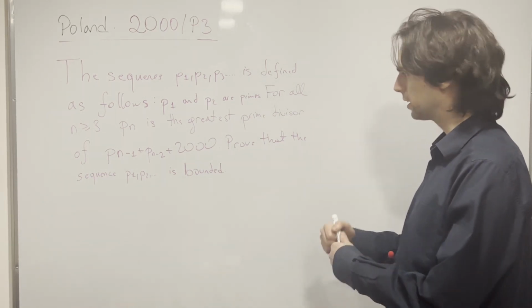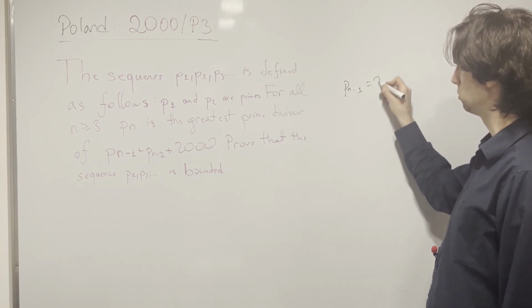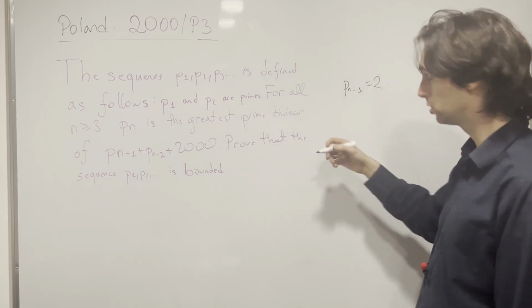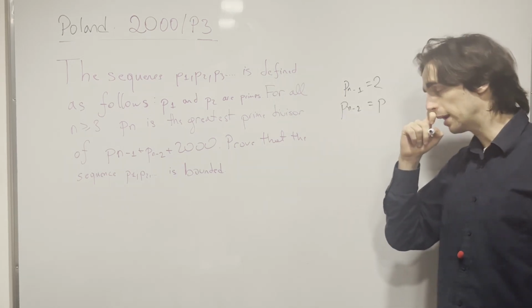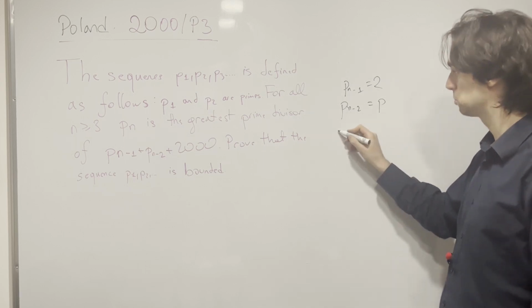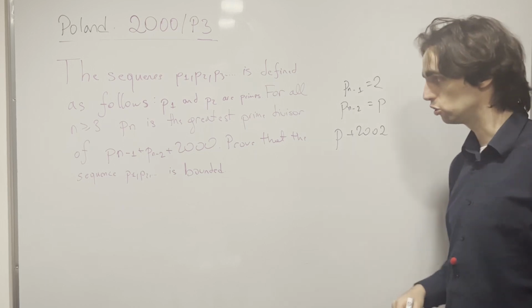Let's also look at the case when one of them is 2, say Pn minus 1 is equal to 2, and Pn minus 2 is some prime number P. What happens in that case? We get the greatest prime divisor of P plus 2002.